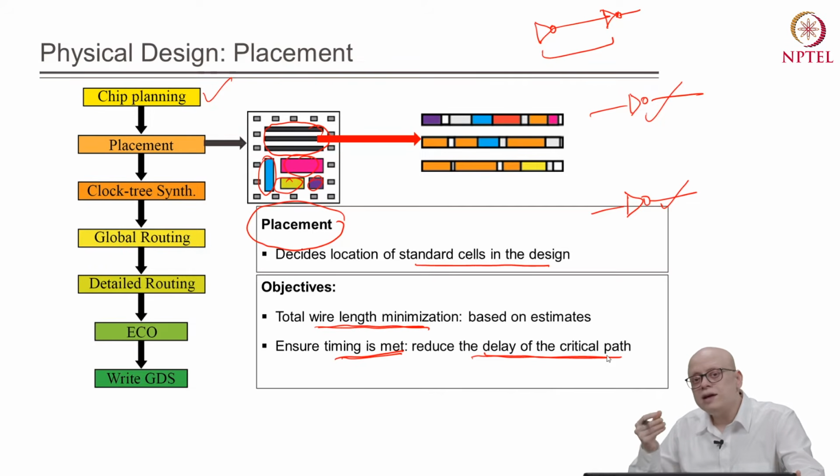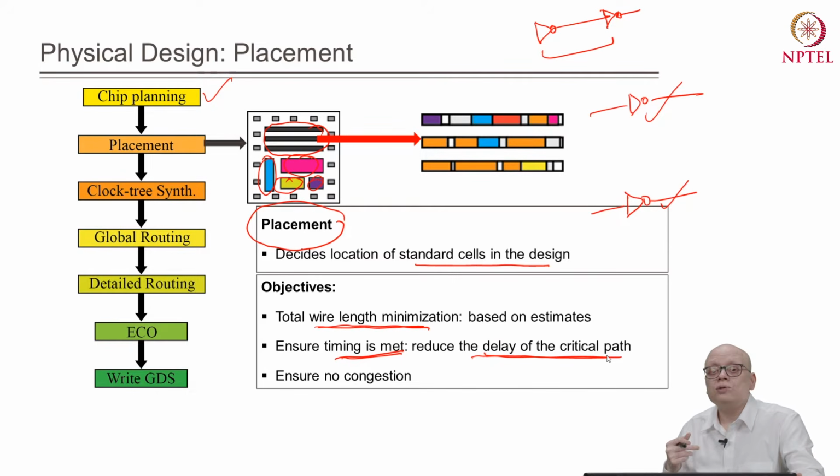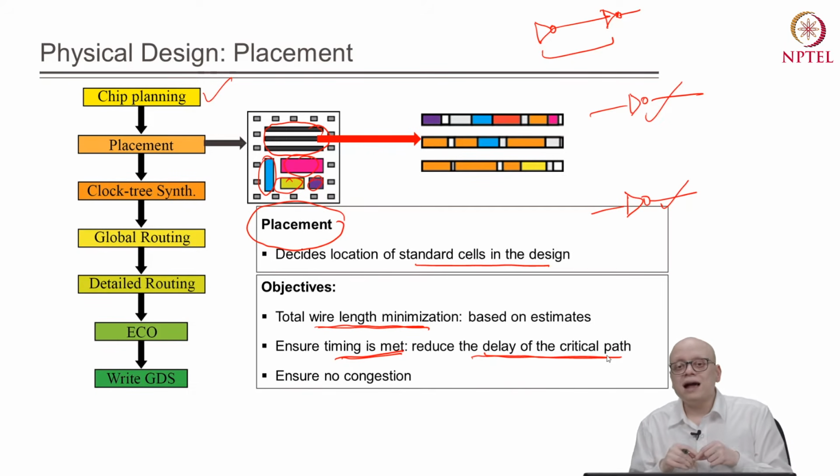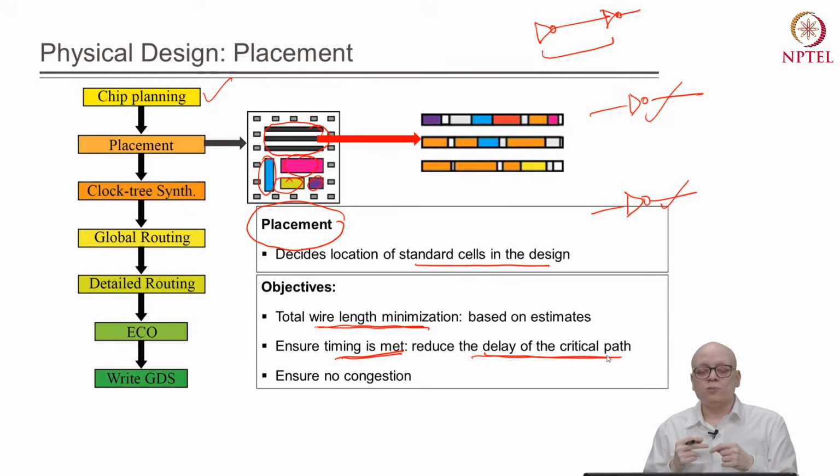As a result the delay of a given gate can reduce and timing can be easily met. And congestion can also be considered by the placement tool. Why? Because a bad placement of some standard cells can lead to overcrowding of nets, and as a result it can create timing problems or routability problems later in the design flow.